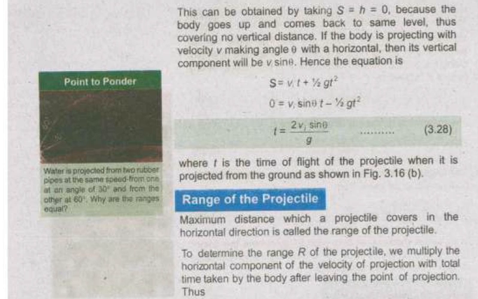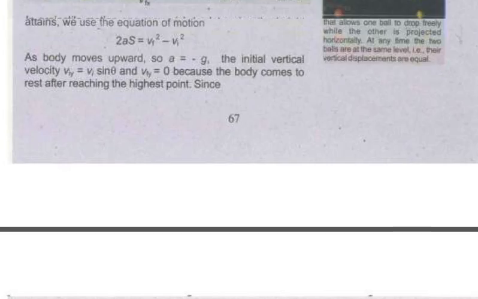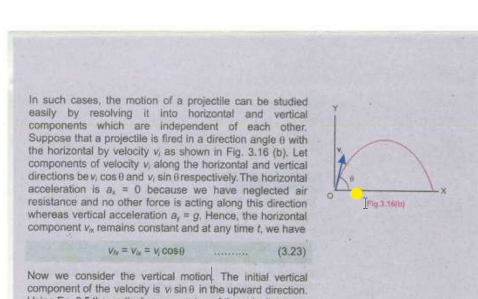So next is the range of the projectile. A projectile covers two distances, one along the y-axis or the vertical distance, and the other along the horizontal axis. The maximum horizontal distance covered by the projectile is known as the range of the projectile. Like when a cricketer hits the ball, it also covers two distances, one vertical and one along the horizontal, along the ground.